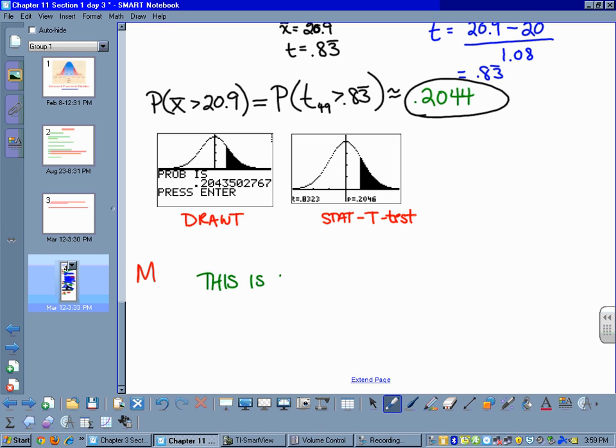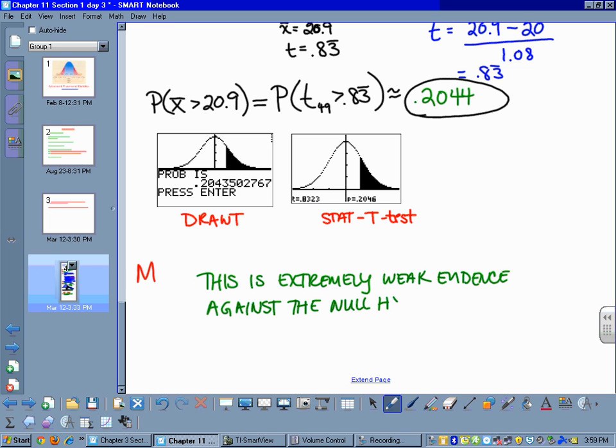This is extremely weak evidence against the null hypothesis. Okay, so let's say what the evidence is.